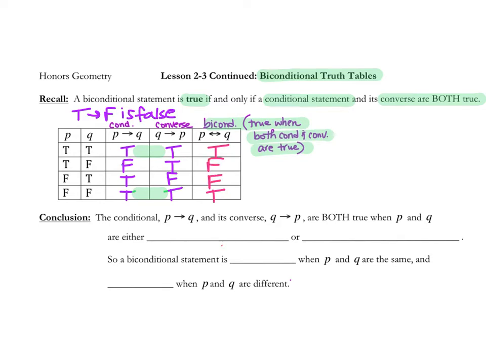Okay, so the conditional, P implies Q, and its converse, Q implies P, are both true when P and Q are either both true or both false.